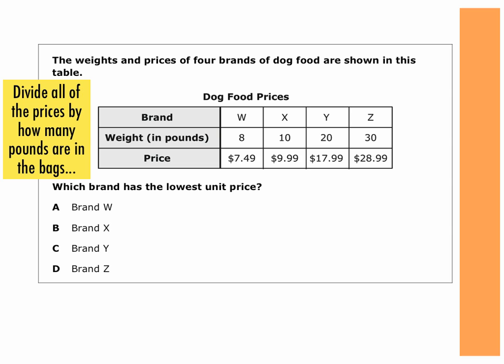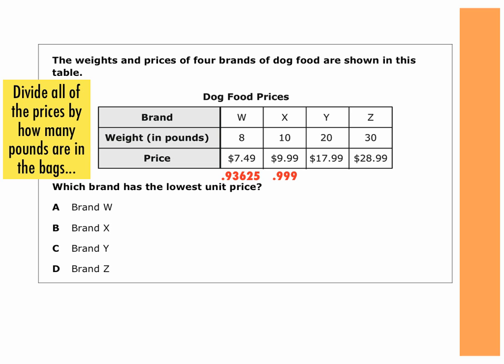So for brand W, I'm going to take the price, 7.49, and divide it by 8. When I do that, I get 0.93625, which means it's going to be about 94 cents per pound. For brand X, I'm going to take $9.99 and divide it by 10, which will give me 0.999.